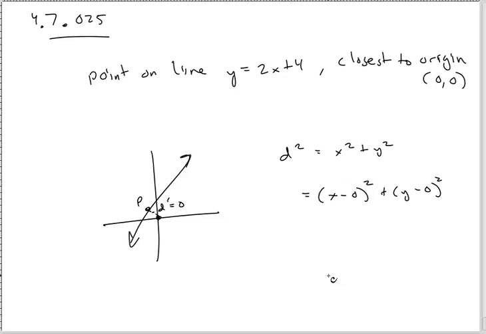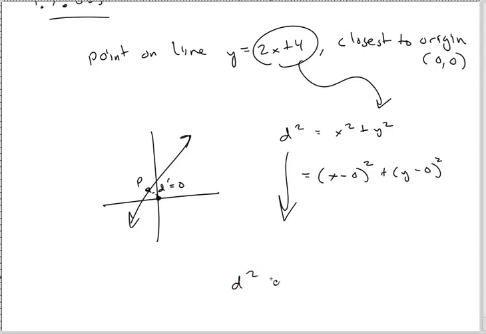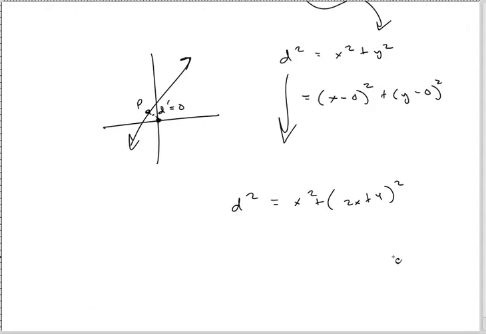It makes it easier, and that's kind of the point here, so we could just use this. Also, you already have what y should be, and so I'm going to plug that in right now, okay? So I got x squared, and then I got a 2x plus 4 all squared. This right here is what I'm trying to minimize. You can minimize the square, and it's still minimizing the original. Pretty cool little feature there in Mathy land.